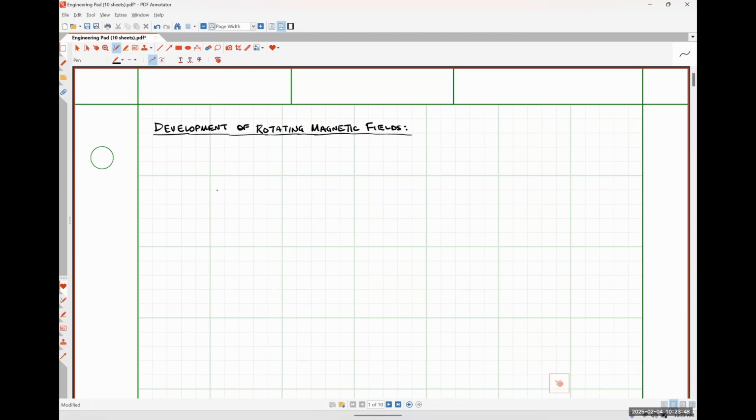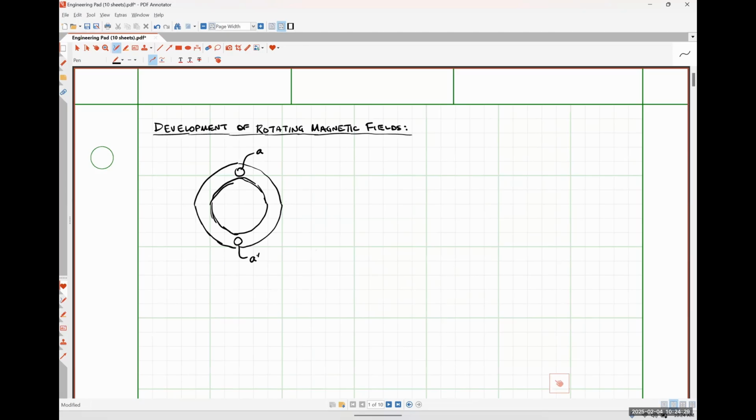I'm drawing a stator with 3 phases, and I'm going to label those phases. Here's my stator. This is going to be my A phase, so I'm putting a little note here that that's an A. Then this is essentially the return path for my A phase coil, so that's A prime.